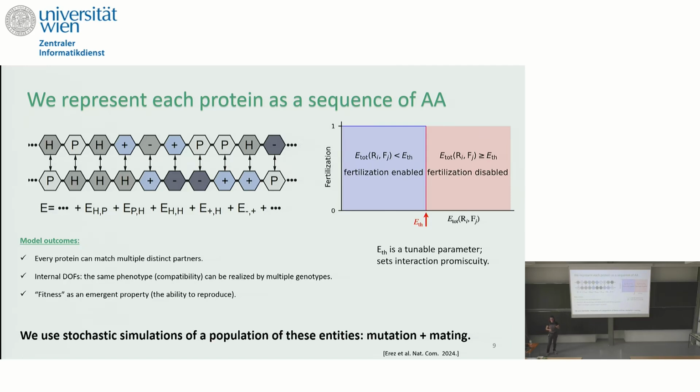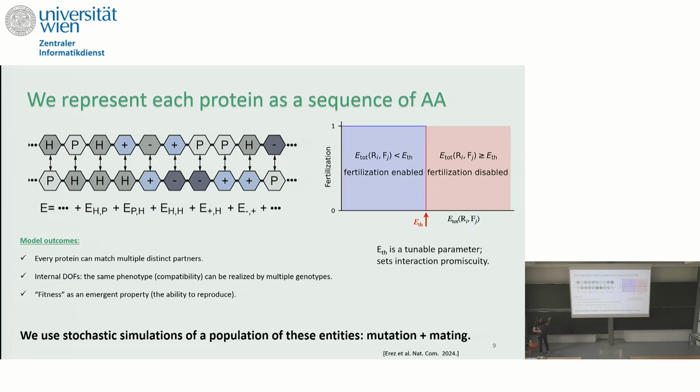That means that the model has many internal degrees of freedom, because the same compatibility phenotype can be realized by multiple different genotypes. Another thing is that fitness here is not something that is put in by hand, as is often done in evolutionary models, but an emergent property of the sequence, which is its ability to find mating partners in the population based on its matches and mismatches with other members of the population. So it's not a function of the particular sequence, it's a function of the entire population.